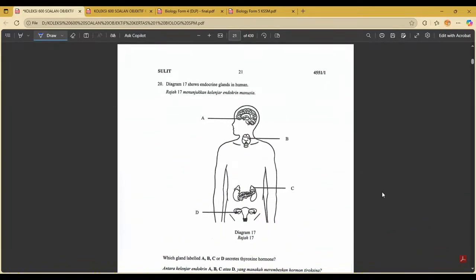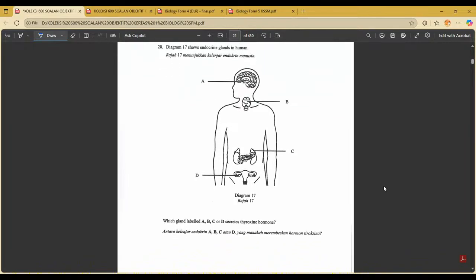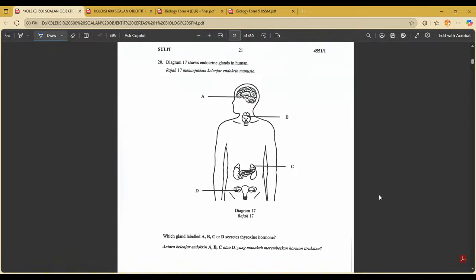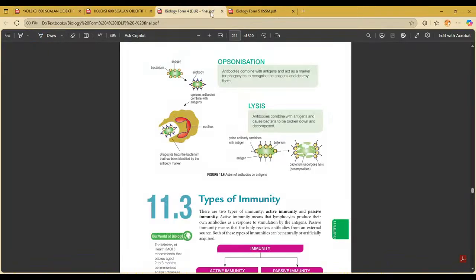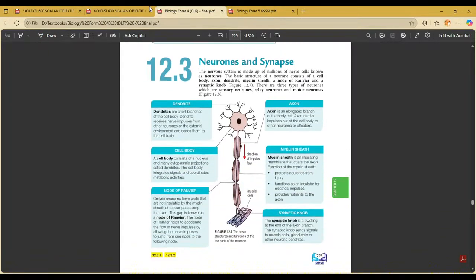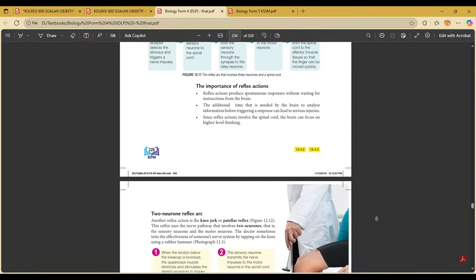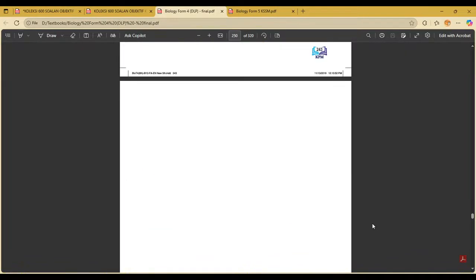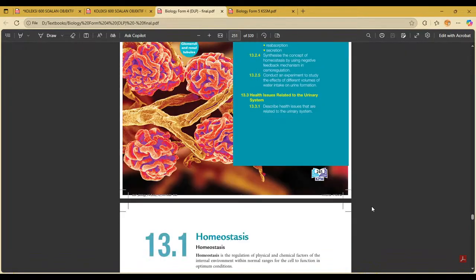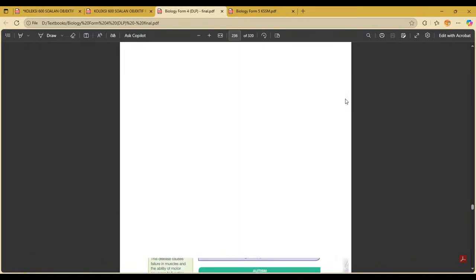The diagram 20 shows endocrine glands. Which gland secretes thyroxine? What's thyroxine? I don't remember. It's a hormone, right? Hormone. So it's in chapter 12.